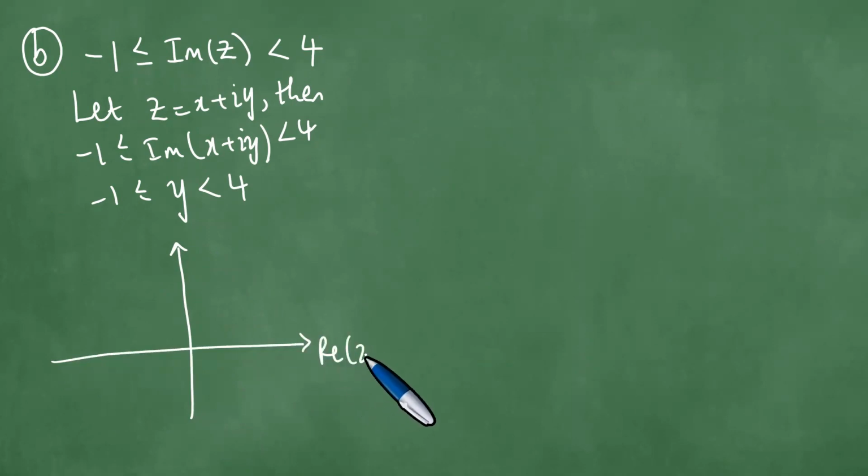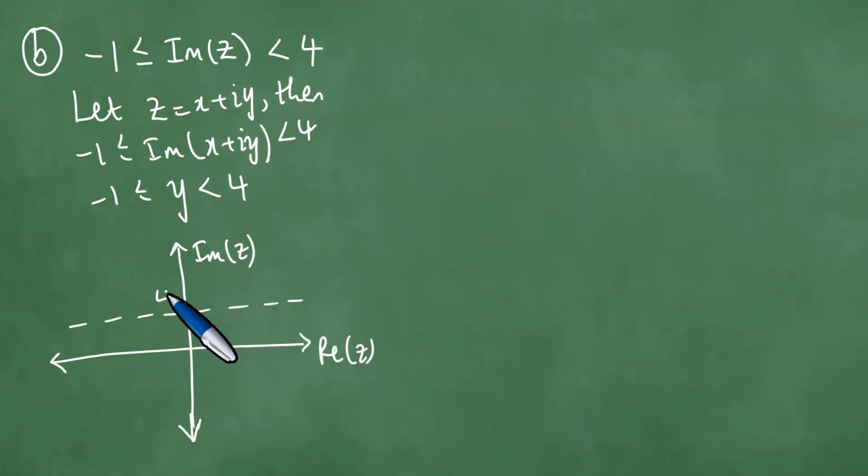This is real Z, imaginary Z. For the Y's, position 4 like here, and then we also position -1 like here.